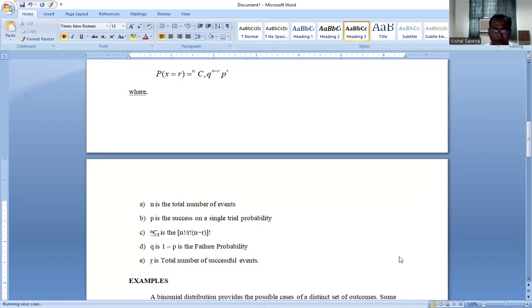Since p is the success probability on a single trial, q is the failure probability, and r is the total number of successful events.